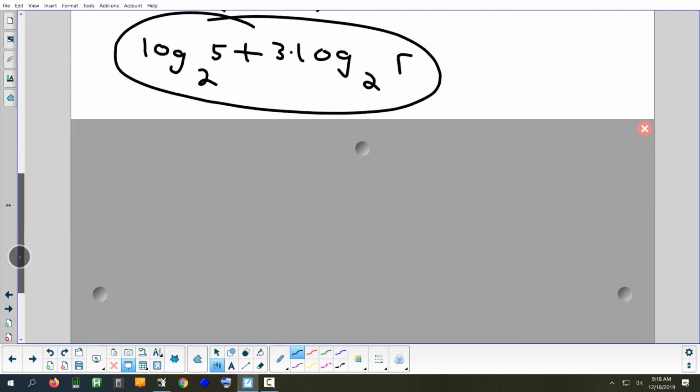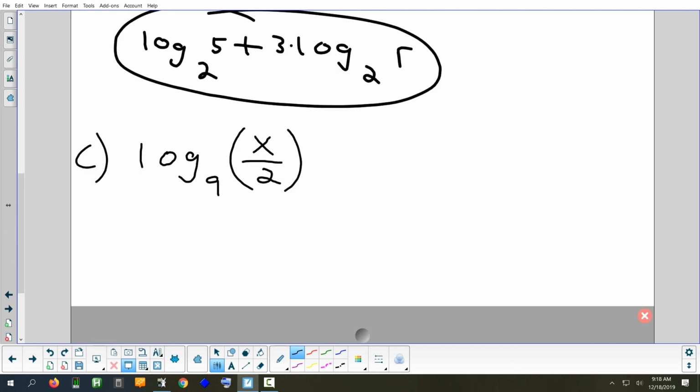All right, so we did a couple with a sum. Let's look at this one. Log base 9 of x over 2. Courtney, how is that one going to split? As a sum or difference? Yes, because we have division, it's going to be a difference this time. Log, log.